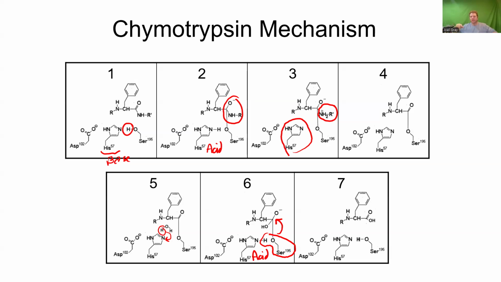Now, if you're thinking about this and saying, I felt really good about aspartate, I felt really good about serine, and then histidine just kind of came in and was like, now I'm doing this, now I'm doing this, and then here, oh, the reaction's done. What I want you to be able to answer is which amino acid forms the covalent bond with our substrate.